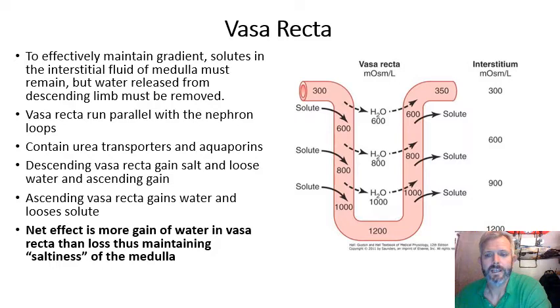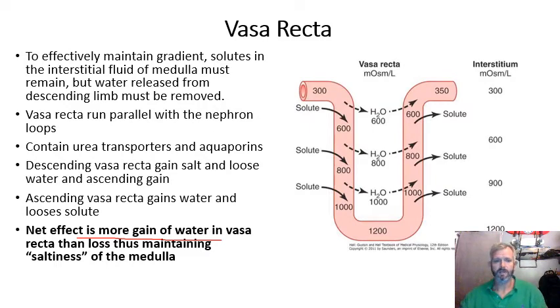All right, and here's that effect of the vasa recta. Basically the net effect is there's going to be more gain of water in the vasa recta, right? Because remember, in the descending limb, water is leaving. That would dilute this gradient.